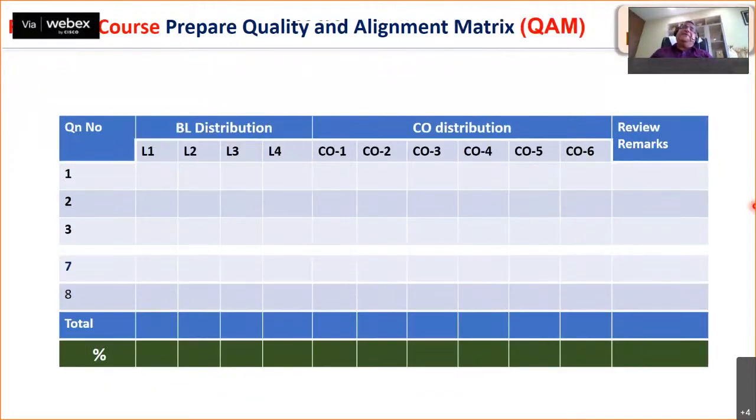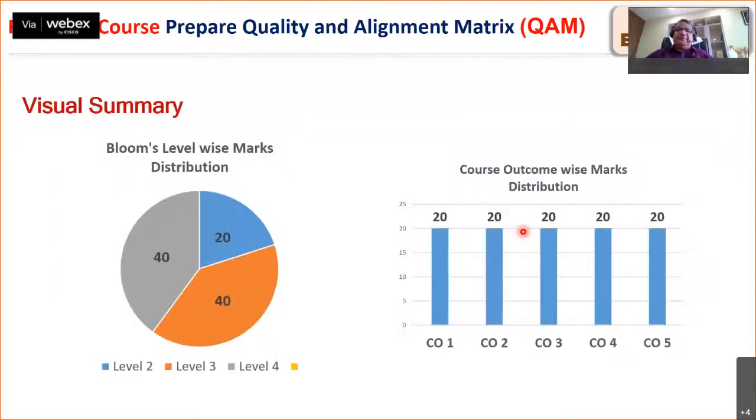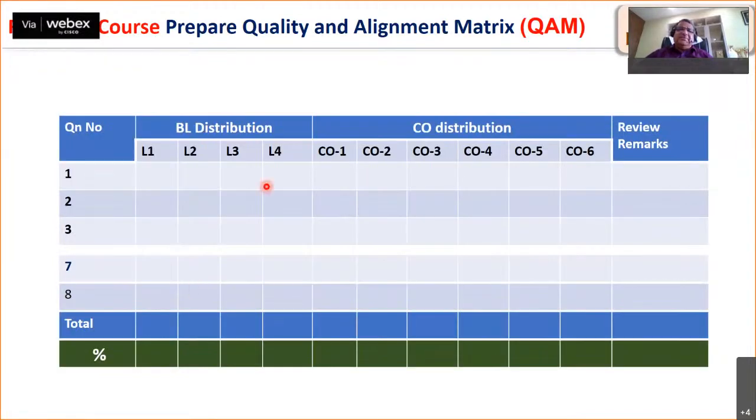Either you can do two different sheets or you can have only one Excel sheet where you can test quality, and also test the COs alignment. Here itself you can type the marks and see the percentages, as well as whether there is some number, meaning that you are asking questions.